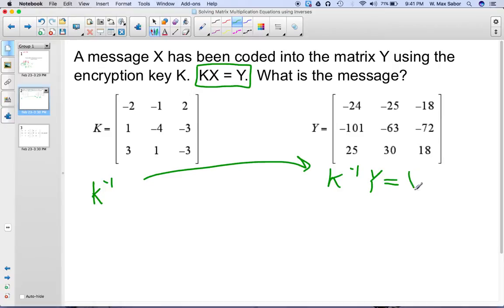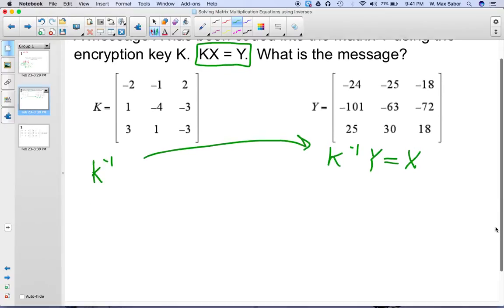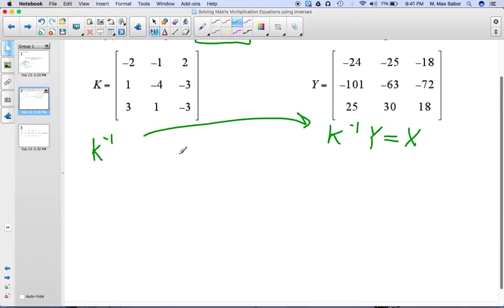So let's start by finding K inverse, and that will involve Gaussian elimination.